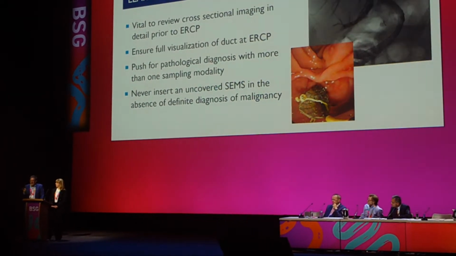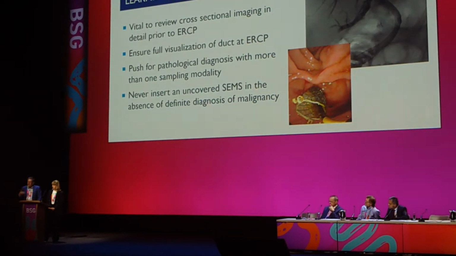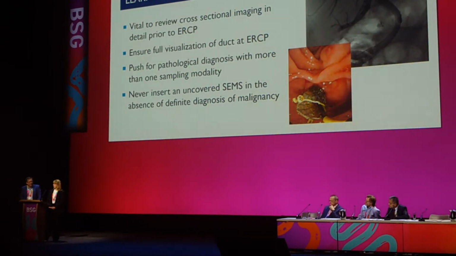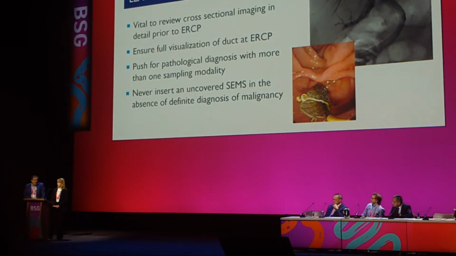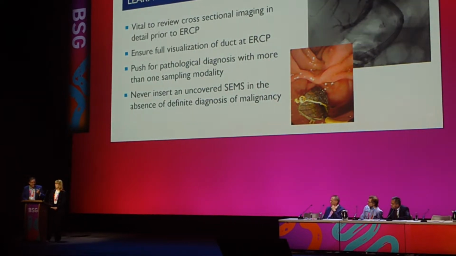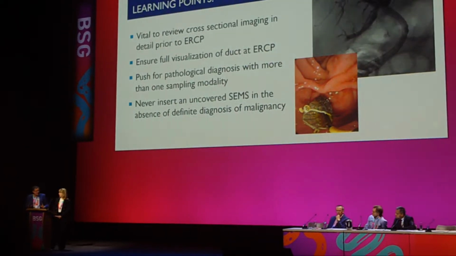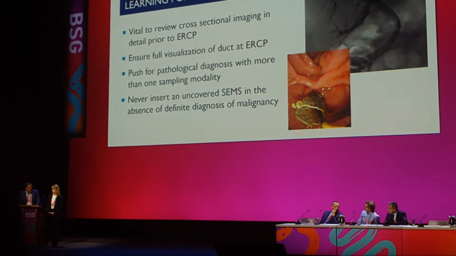It is not the same with malignant strictures. The features that we believed were almost pathognomonic of malignancy, altered blood vessels, friable mucosa, maybe ulceration, I'm sorry, they don't hold true in clinical practice.